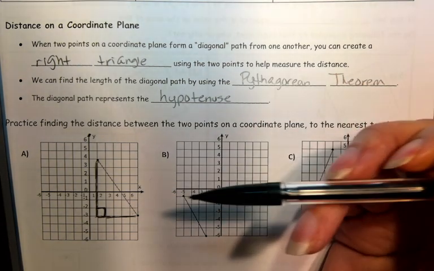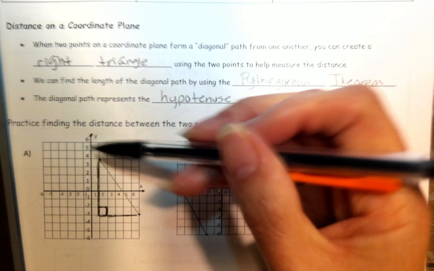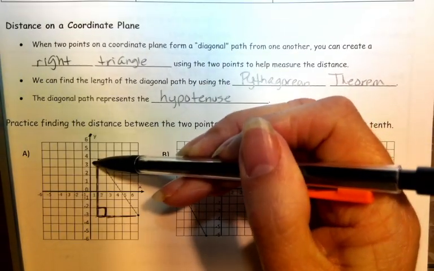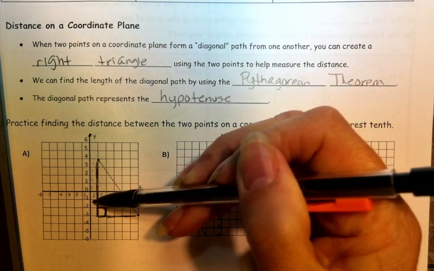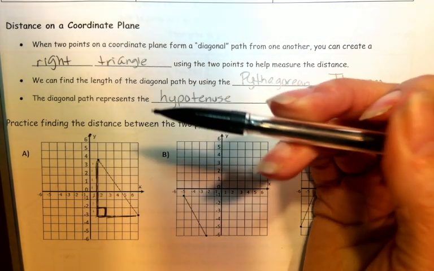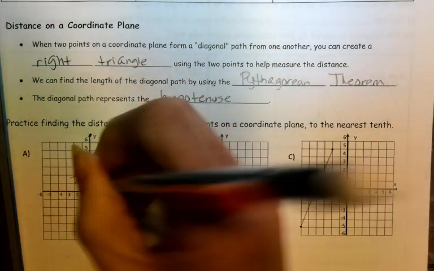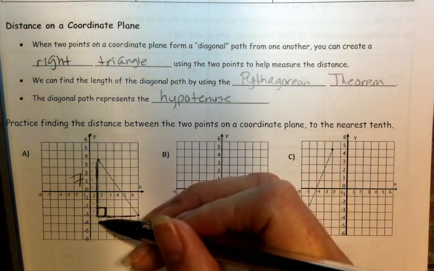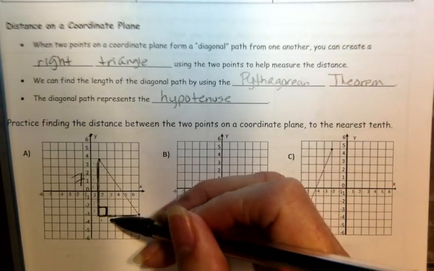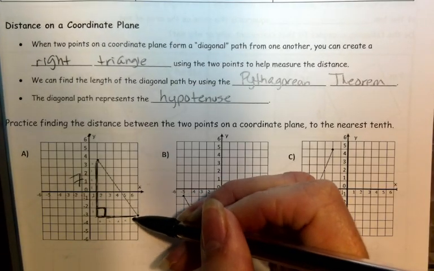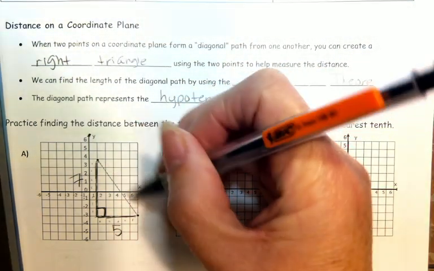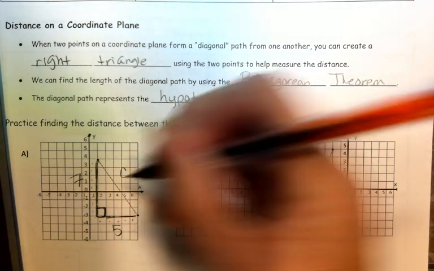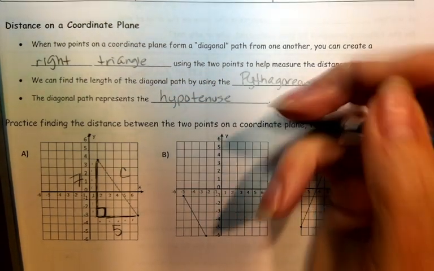So now we need to figure out what the leg distances are. So I can actually count. So we got 1, 2, 3, 4, 5, 6, 7 boxes. That represents leg 1. And then from this corner, we got 1, 2, 3, 4, 5. So the other leg is 5. And our diagonal we call our hypotenuse, which is the value C in the Pythagorean theorem.